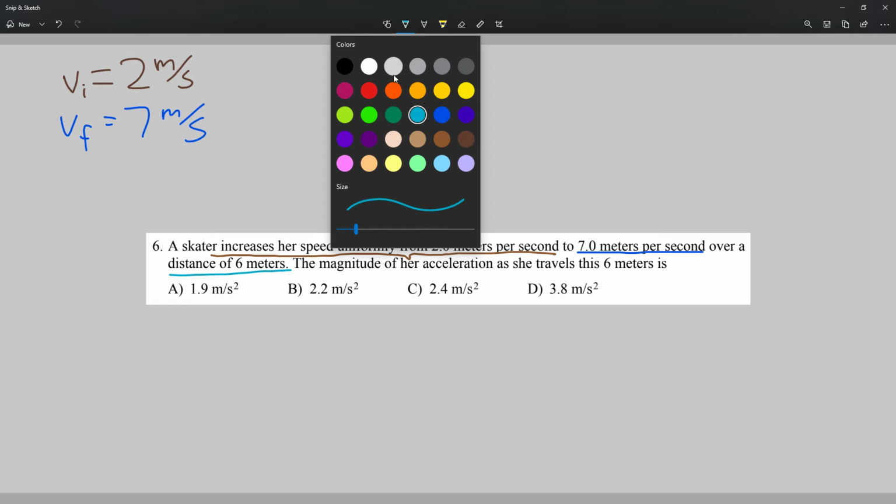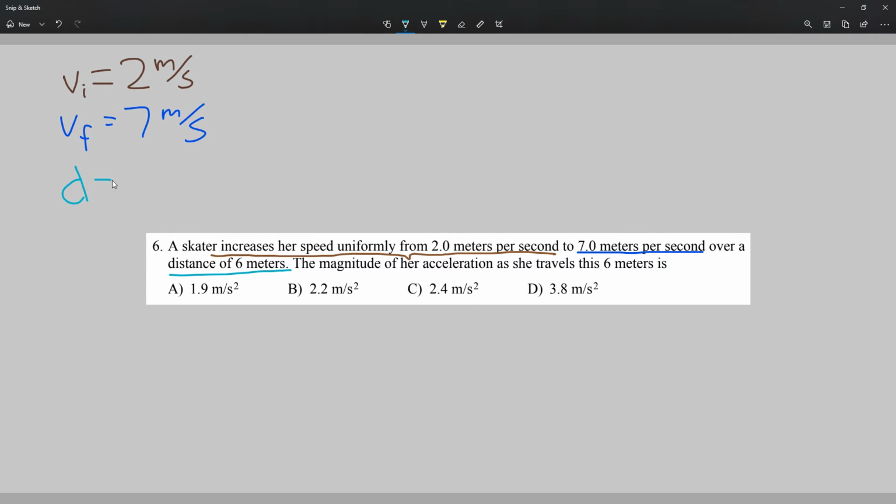We know it's distance because of the unit, meters, just as we know our velocities are velocities because they're meters per second. And then the problem asks, what is the magnitude of acceleration? If you want to pause and see if you can figure out the formula, go ahead. Otherwise, I'm going to move on.